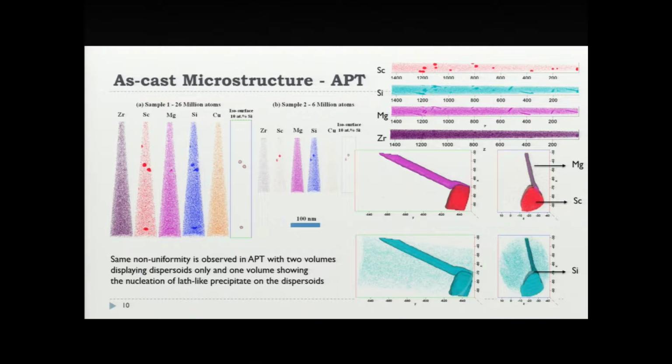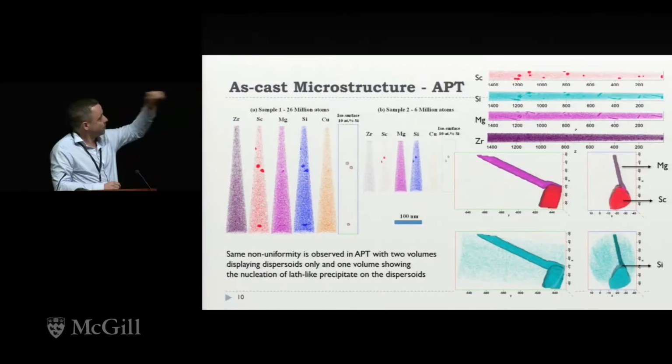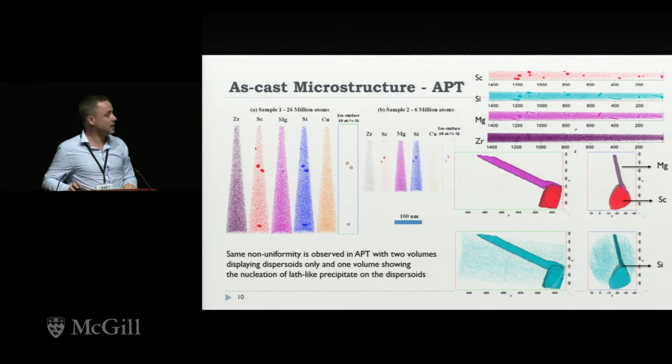One of the interesting results is that these dispersoids are mainly aluminum, with silicon substituting for aluminum, and then scandium, with almost no zirconium in there. And in this volume on the top right, almost each dispersoid had a magnesium-silicon precipitate nucleating on it and then growing away from it. On the top are the magnesium and scandium isosurfaces, and you can see silicon is both in the dispersoids and precipitates.